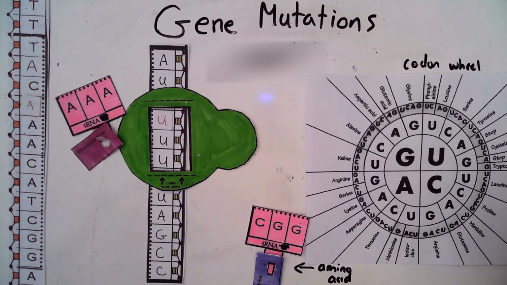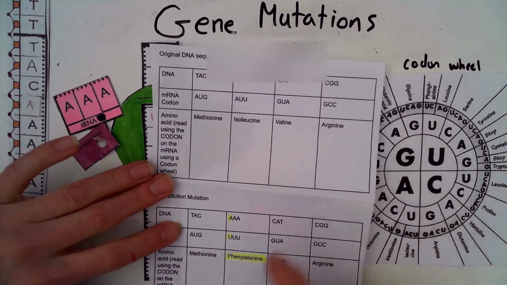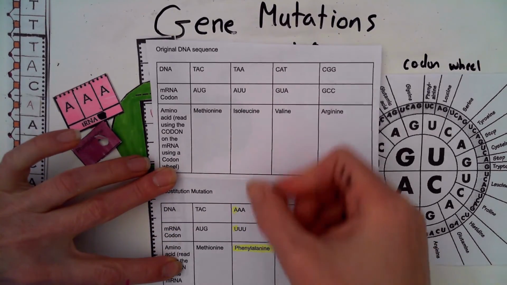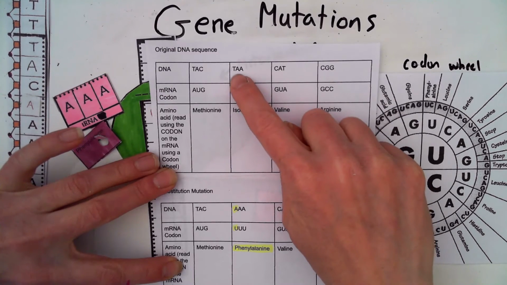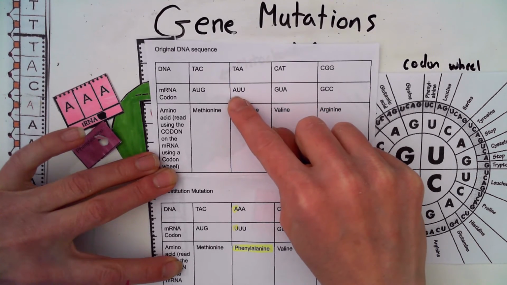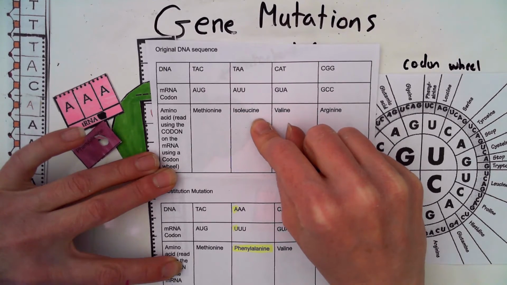So a substitution mutation generally is going to result in one amino acid being changed. So you can see in this case here was the original DNA sequence, TAA, making this mRNA and coding for this amino acid.